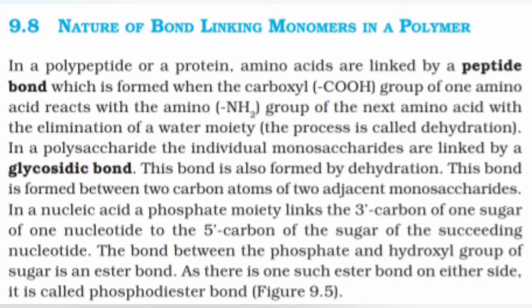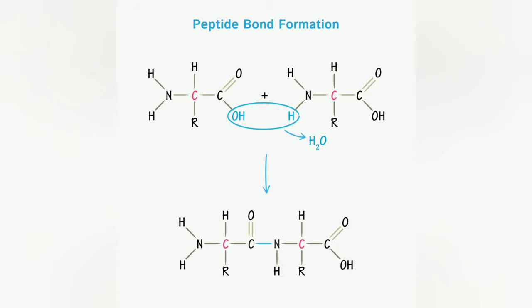Nature of bond linking monomers in a polymer. In a polypeptide or a protein, amino acids are linked by a peptide bond which is formed between the carboxyl group of one amino acid and the amino group of the next amino acid with the elimination of a water moiety. The process is known as dehydration. See here, peptide bond formation is shown.